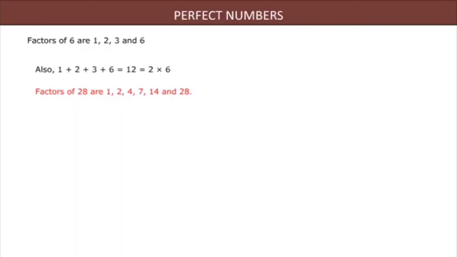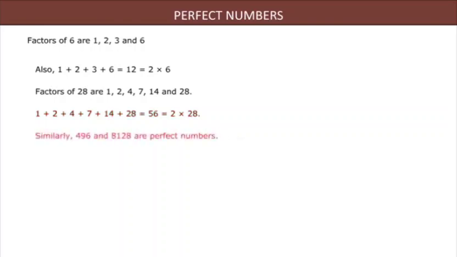All the factors of 28 are 1, 2, 4, 7, 14 and 28. Adding these, 1 plus 2 plus 4 plus 7 plus 14 plus 28 is equal to 56, which is 2 times 28.